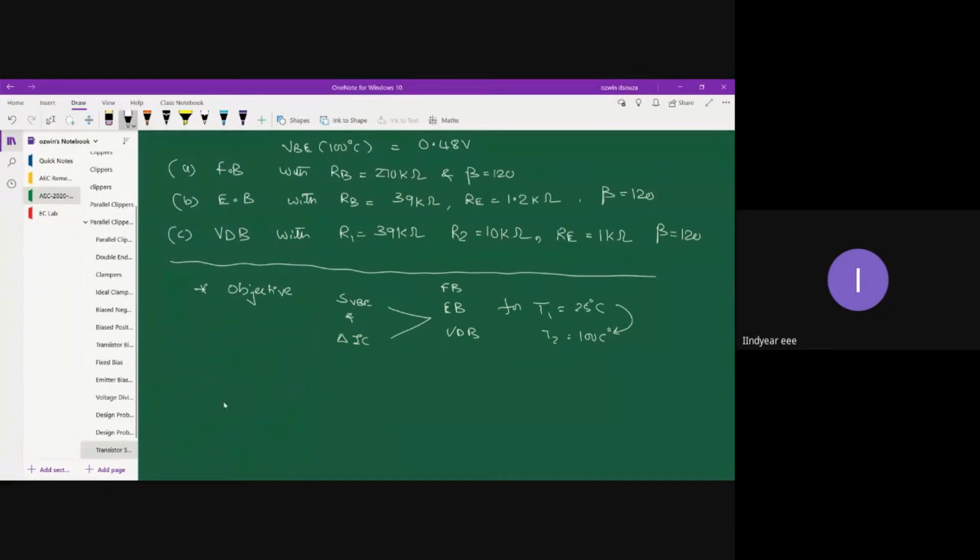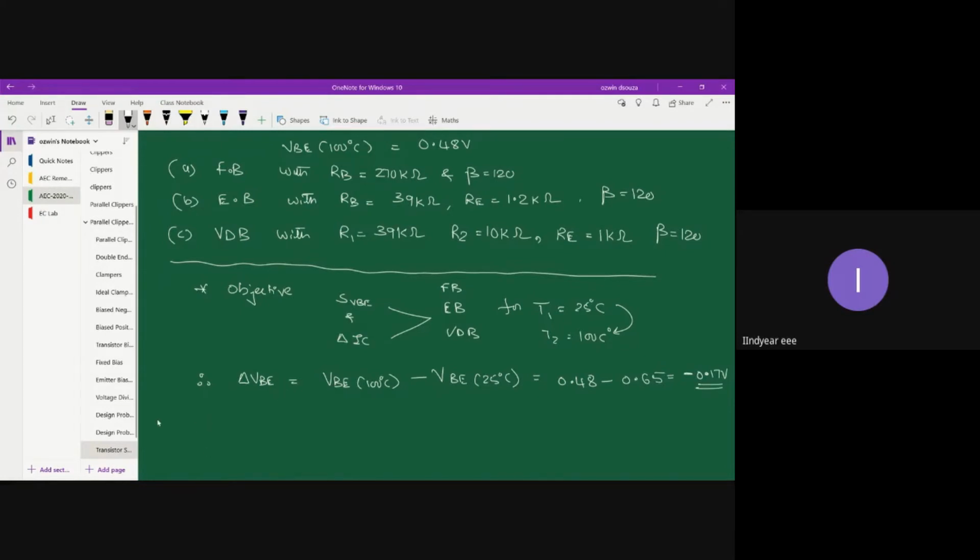So first, let us find out delta VBE, change in base emitter voltage. So delta VBE is equal to VBE at a later temperature minus VBE at the initial temperature. Okay, and that is 0.48 minus 0.65. Okay, it gives minus 0.17 volts.